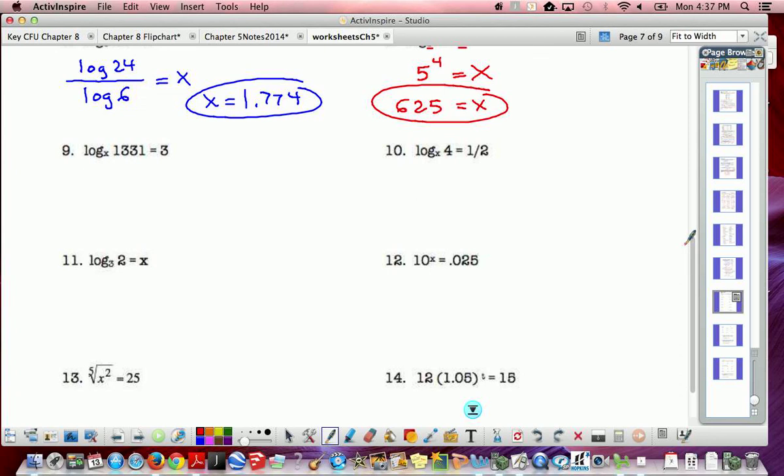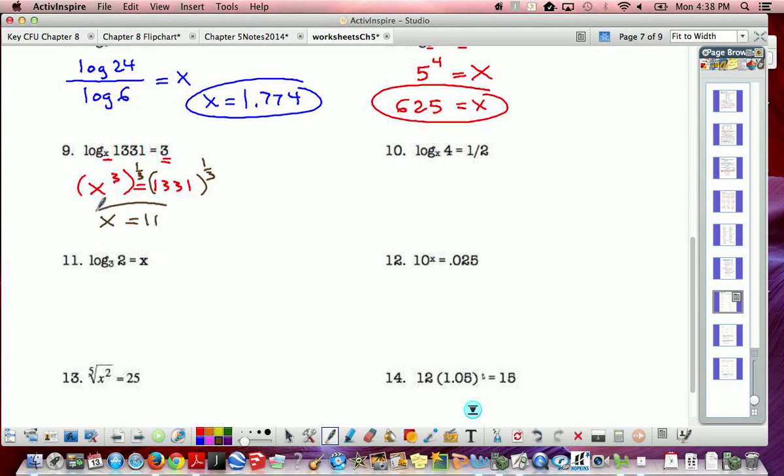On the next one, log base x of 1331 equals 3. So there's my base, x, there's my exponent, 3 equals 1331. So now what I can do is take this to the 1/3 power.